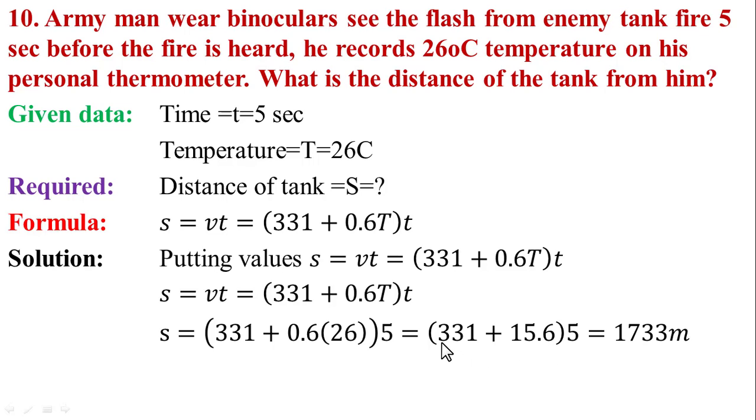Adding 331 plus 15.6, multiplied by 5, the answer is 1733 meters. So the distance of the tank is 1733 meters.